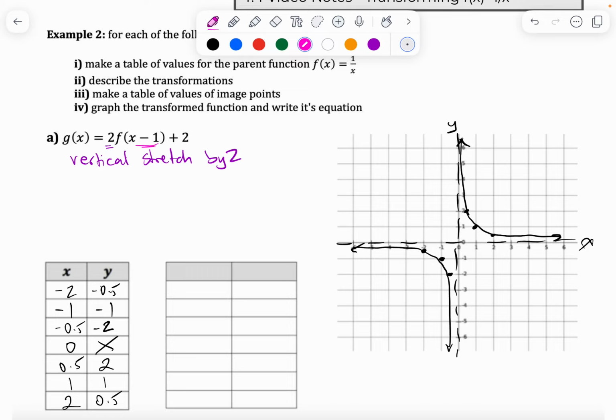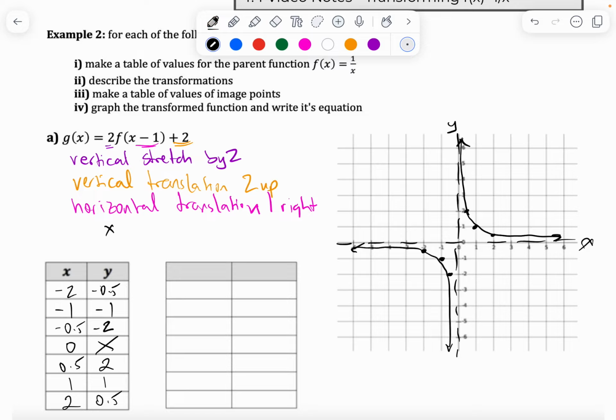This -1 makes it a horizontal translation 1 right. And this +2 makes it a vertical translation 2 up. Okay, so let's write our mapping statements.